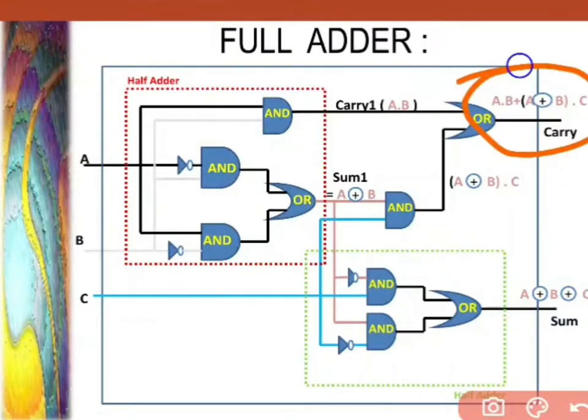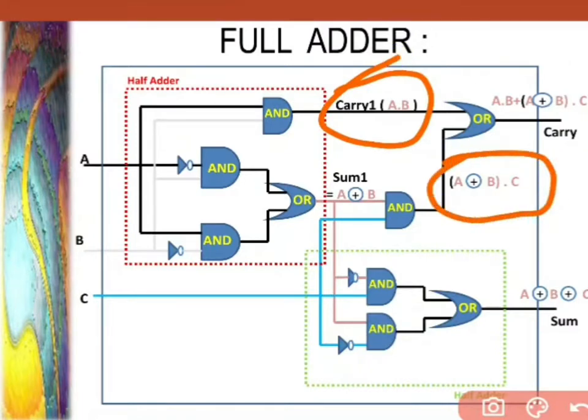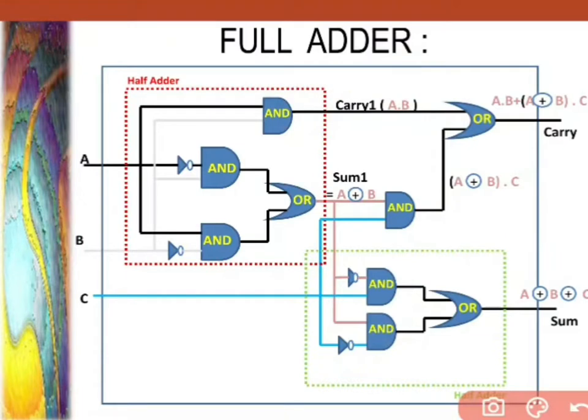Why do we have this expression for carry? Here we get AB, and here we get A XOR B dot C. Because from the carry we pass the sum, the first value and the second value, and both should be used with the AND gate.